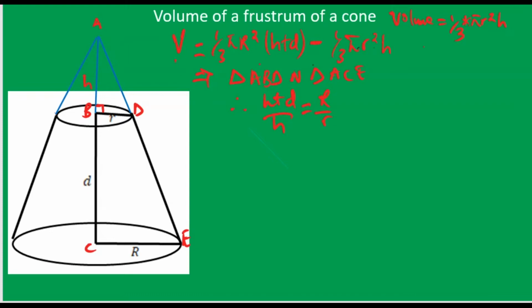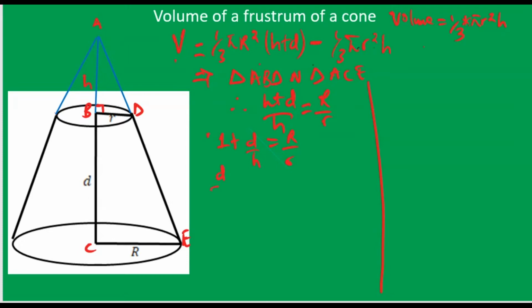So while solving, h over h is 1. Let me just partition this. So h over h is 1, plus d over h, equals R over small r. Remember, our main aim is to make the small h the subject of the formula.